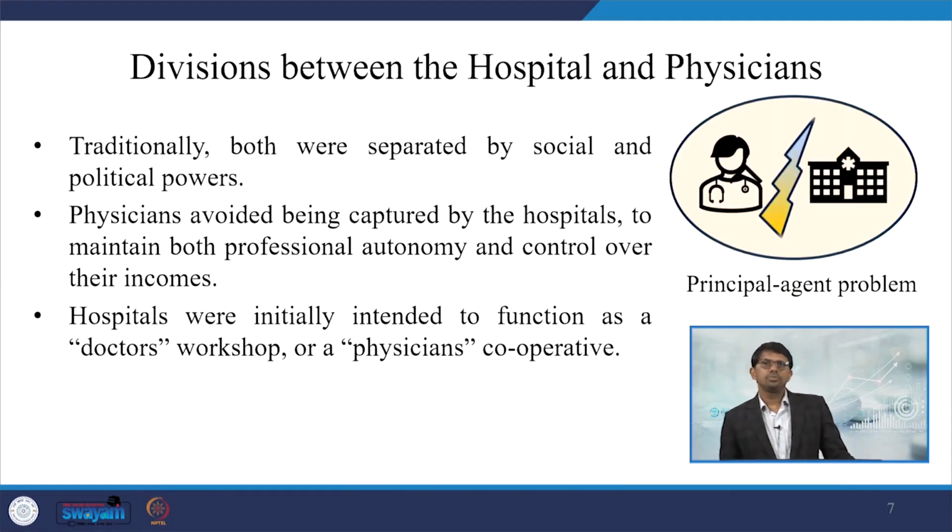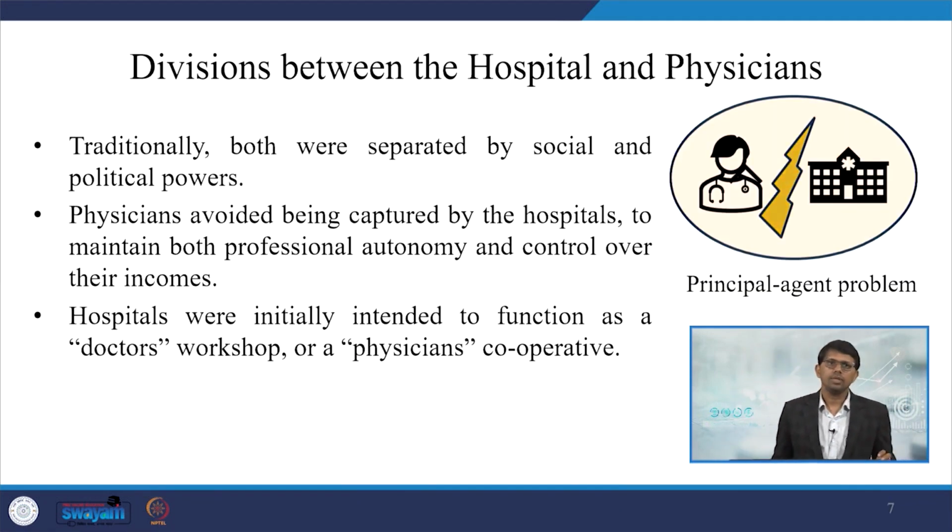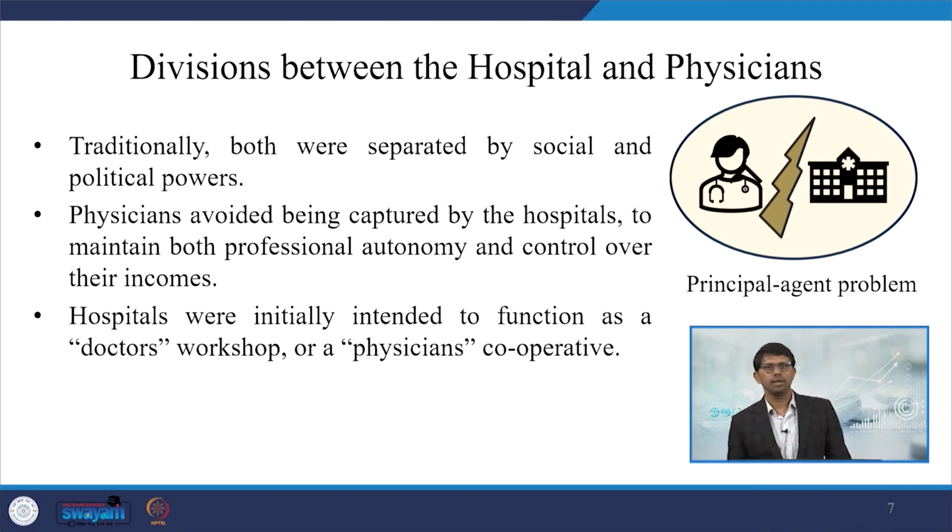So there are divisions between hospitals and physicians. Traditionally, both were separated by social and political powers, but physicians avoided being captured by the hospitals to maintain both professional autonomy and control over their incomes.